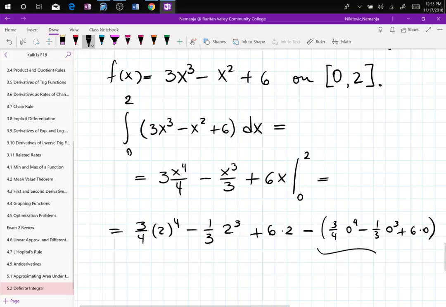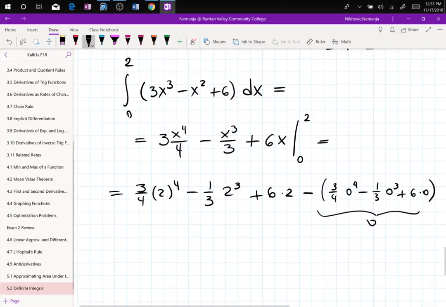Now the whole thing for 0 drops, so we don't have to worry about it, luckily. The rest we do have to worry about. 2 to the 4, that's 16. So we have 3/4 times 16, minus 8/3 plus 12. This cancels down to 12. So now this becomes 24 minus 8 over 3.